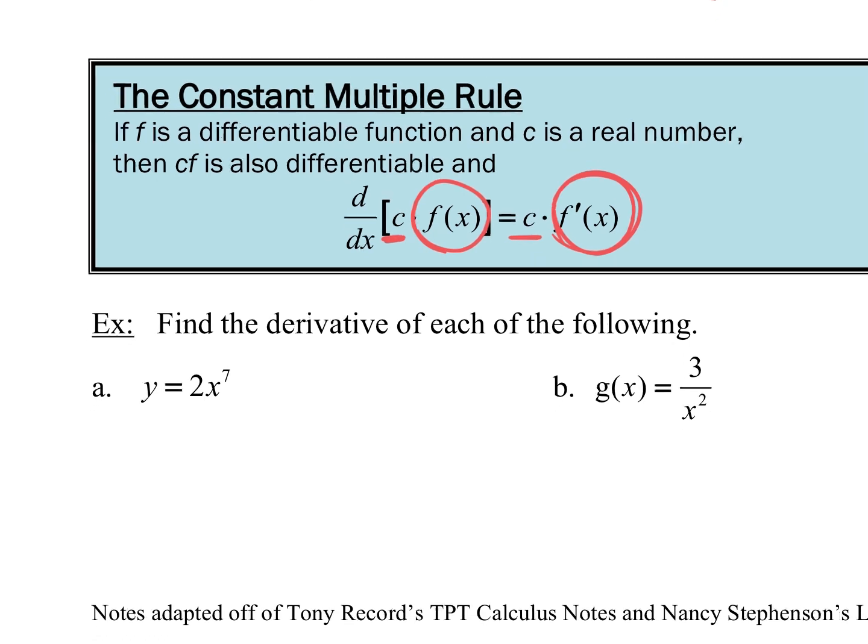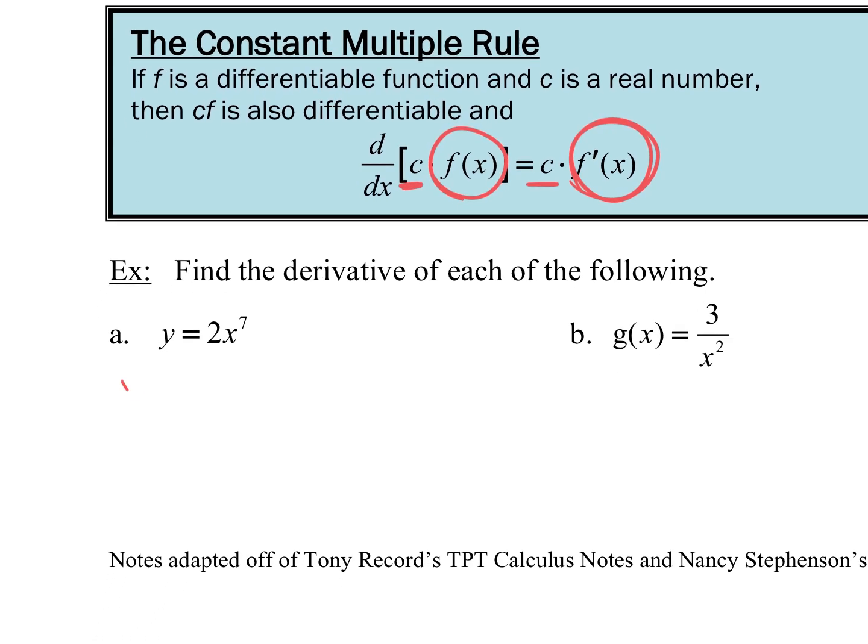So if I look at example A, this is really the same thing as 2 times x to the 7th, right? So in this example here, 2 is technically my c value, and f prime of x is what I need to take the derivative of, right? Okay, well, if I bring that 7 down, what am I going to do with that 2 and that 7?